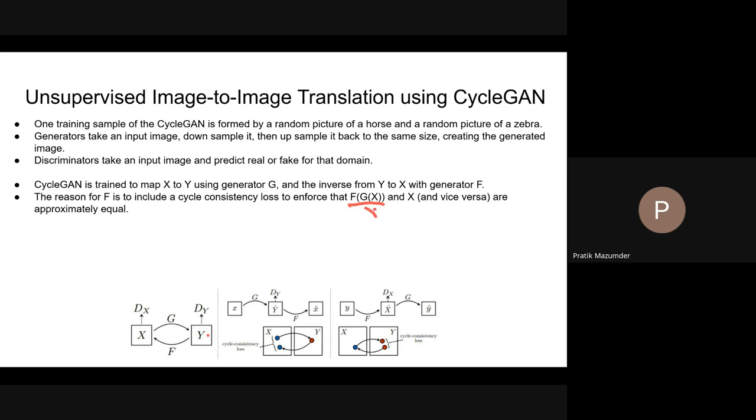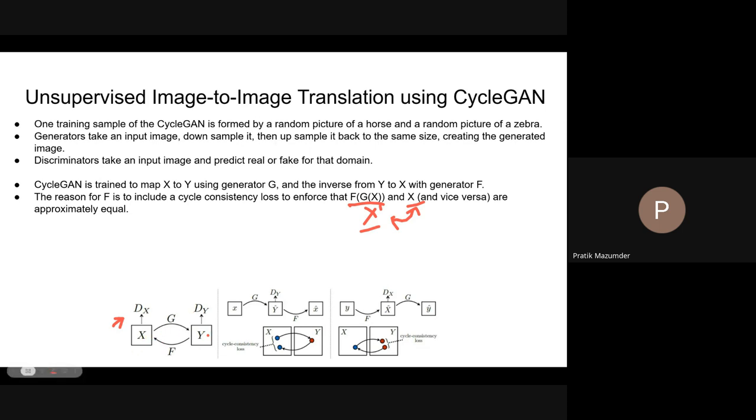This reconstruction and the initial image should be consistent. They should still refer to the same horse. As a result, the discriminator is forcing the generator to produce a good image of its domain, and with the cycle consistency, you are also ensuring that you can get back the original image.